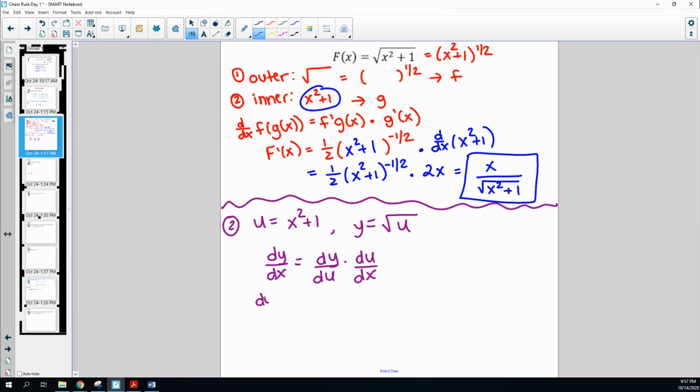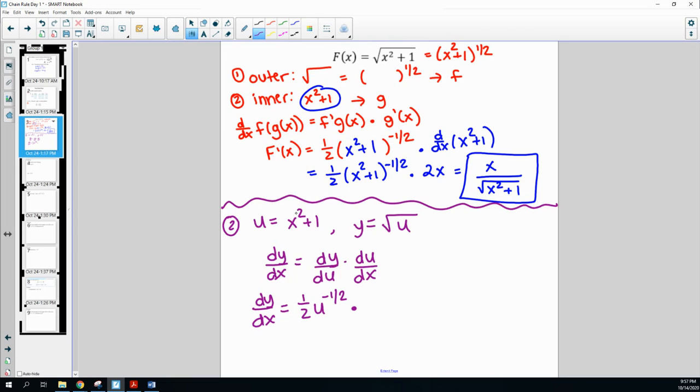So if I want to find dy over dx, I'm going to take the derivative of y with respect to u. So I'm going to look here at my y, and I'm going to take the derivative with respect to u. So meaning u is going to be in my answer. So it's the square root of u, so that's really like u to the 1/2. So I'm going to have 1/2 u to the negative 1/2. And then I'm going to multiply that by the derivative of u with respect to x. So here's u, x squared plus 1.